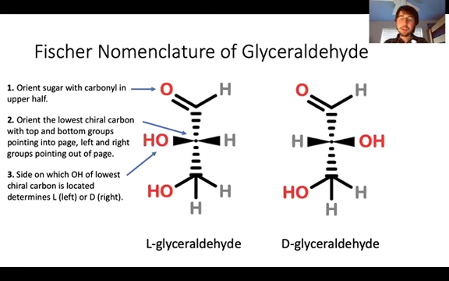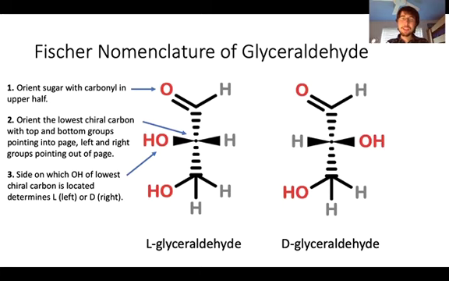Fischer knew that the structure of glyceraldehyde had to be something that looked like this, but he had no idea if this form with the hydroxyl group on the left was the one that rotated light to the left, or if it was the form with the hydroxyl group on the right that rotated light to the left.